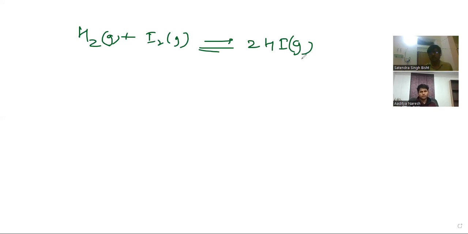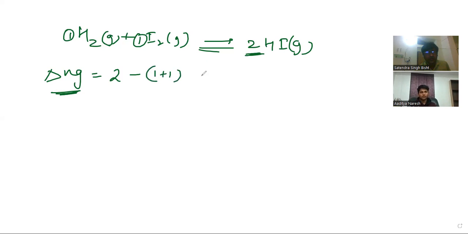Why? First, calculate del Ng. This is very important. The number of moles of product is 2 and the number of moles of reactant is 1 plus 1, again 2. And 2 minus 2 means the answer is 0.